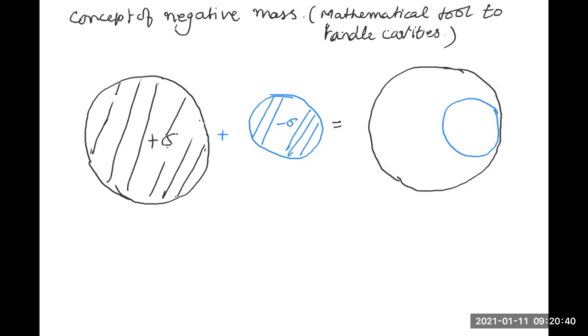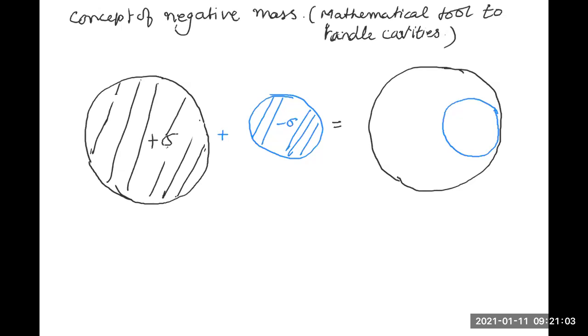So I take this black solid disk without any cavity, and I take this blue solid disk made up of material having negative mass density. And then I do the impossible: I place the blue disk inside the solid disk.